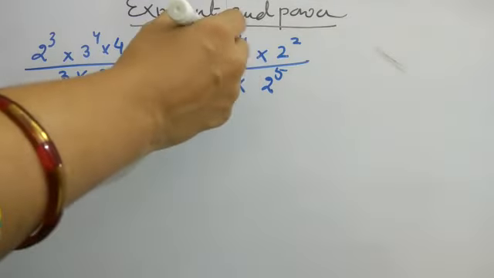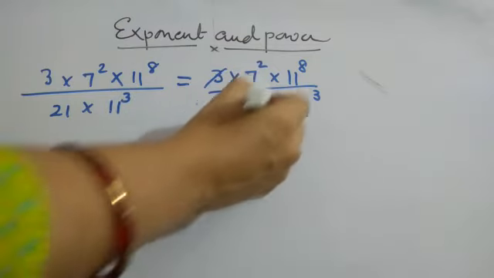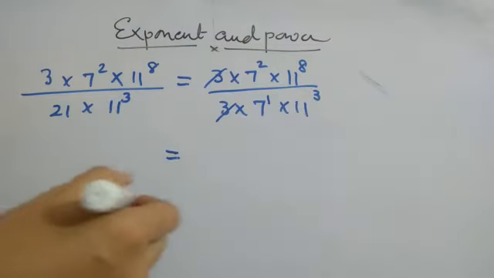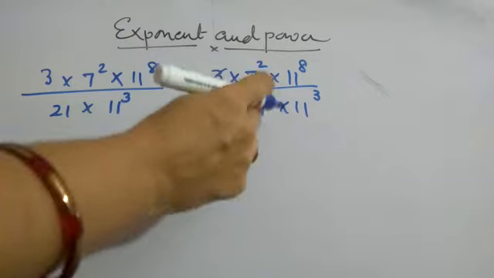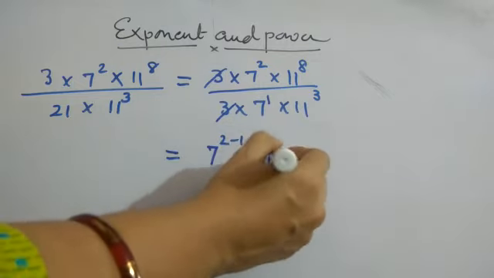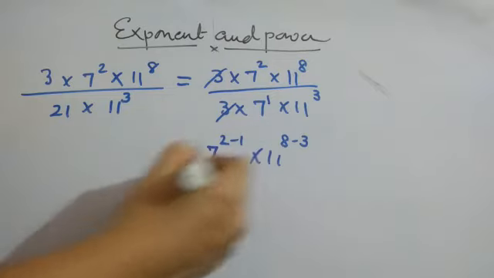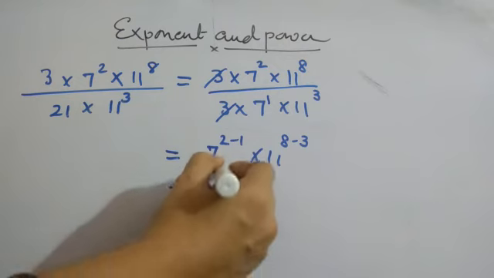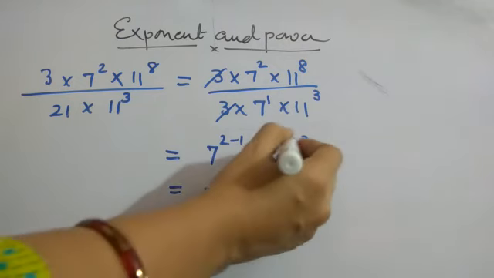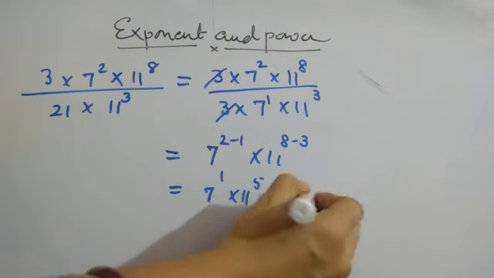Okay. Now 3 will cancel out. 7 square, 7 power, when nothing is there, means 1. They are being divided with the same base, so powers will be subtracted. Here also being divided with the same base, so powers will be subtracted. So this becomes 7 power 1 into 11 power 8 minus 3 is 5. This will be the answer. Okay.